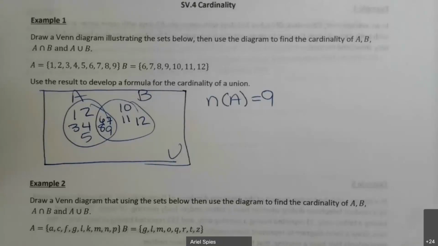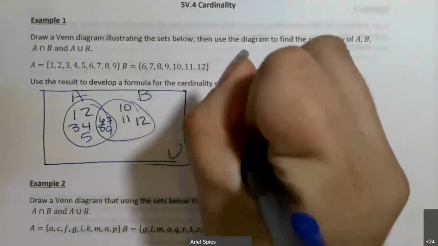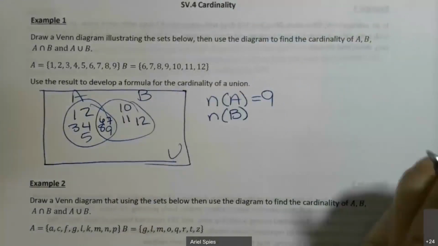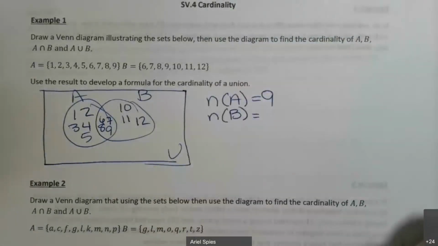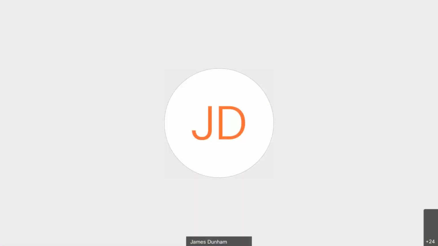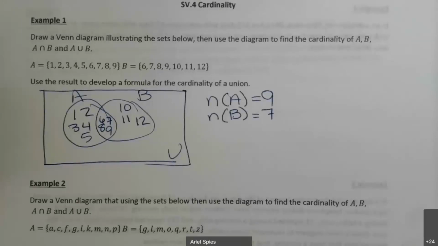Okay. What is the cardinality for B? What is 7? Count it. Oh, no. You're right. I was thinking of the homework. Yeah, 7. 7's right. Okay.